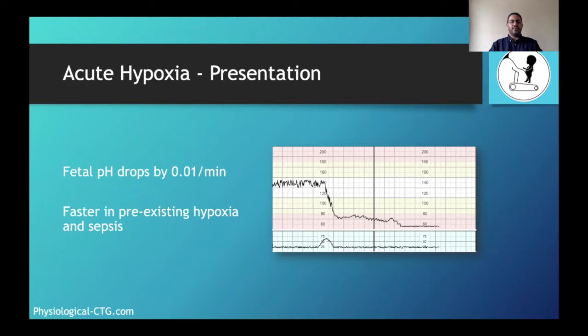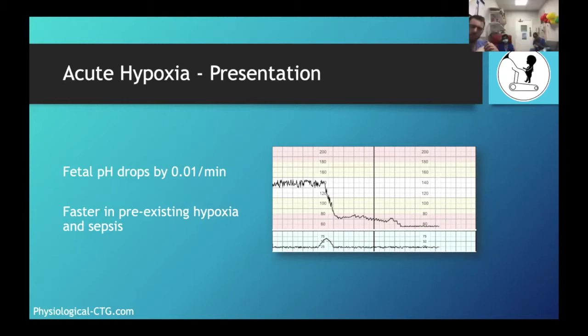So a colleague of mine texted me a CTG over the weekend, okay? And the baby had acute hypoxia for 7 minutes. Literally 7 minutes. It dropped its pH by about 0.2 within the 7 minutes, because this baby was already septic.